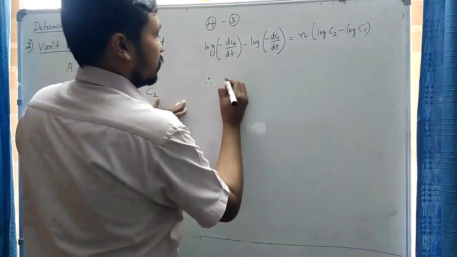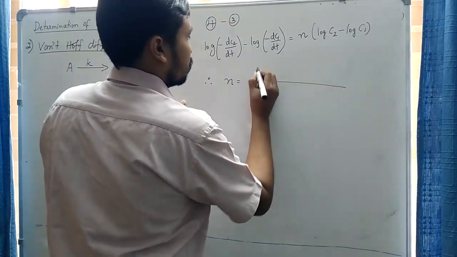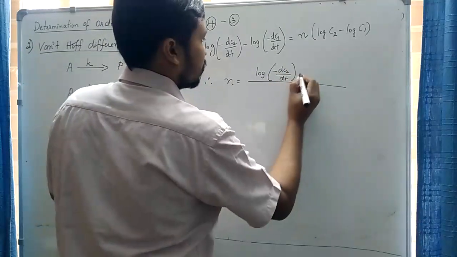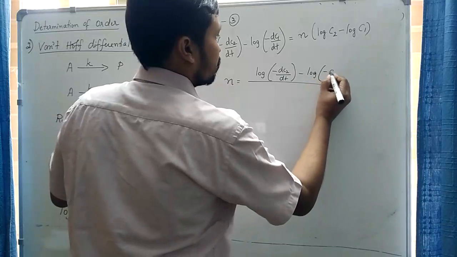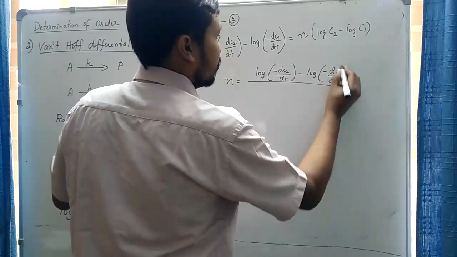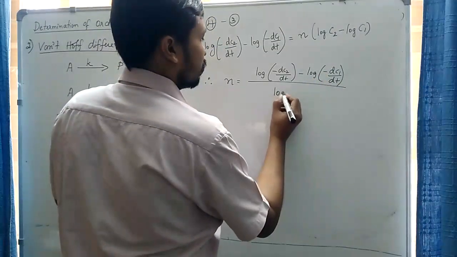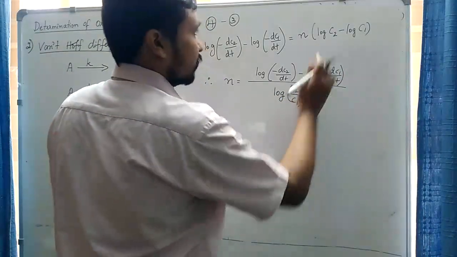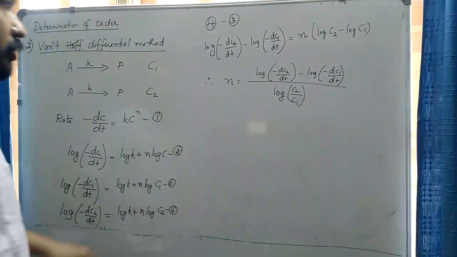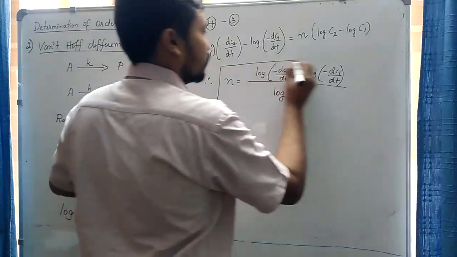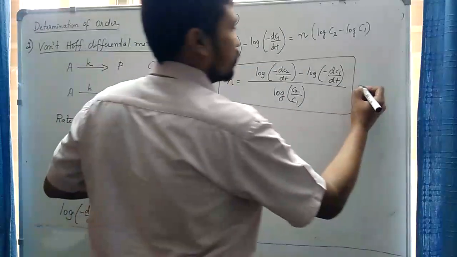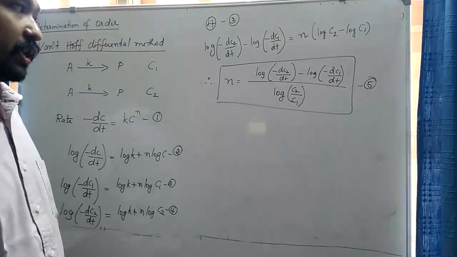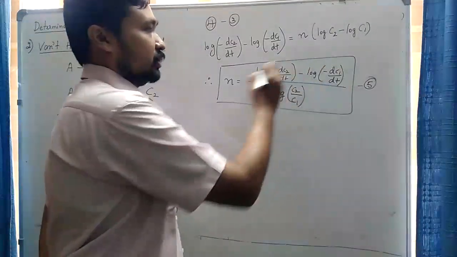Therefore n = [log(-dC2/dt) - log(-dC1/dt)] / log(C2/C1). So by using this equation 5, we can find out the order of the reaction, provided we know the terms in the numerator.